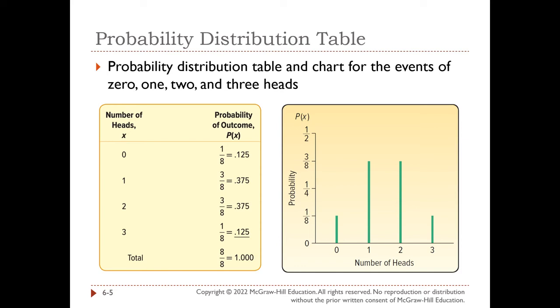Basically, we have seen how many times, number of heads, 0. We only have 1/8. And the only time that we can get 3 heads is 1/8. To show up only 1 out of the 3, it's 3 out of 8. 2 is 3 out of 8. Again, all add up to 1. We're trying to find all the outcomes.